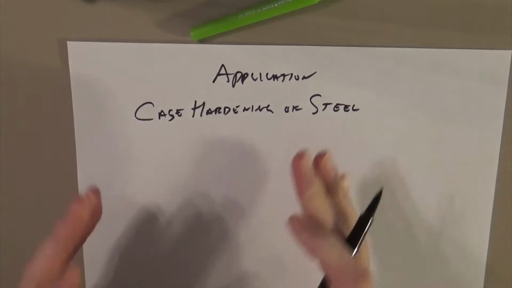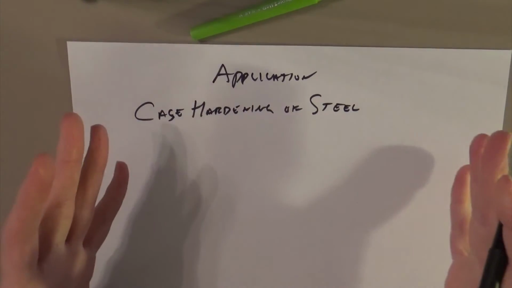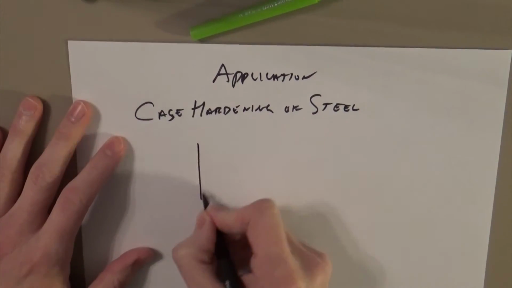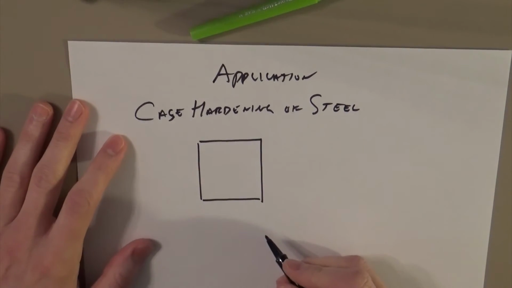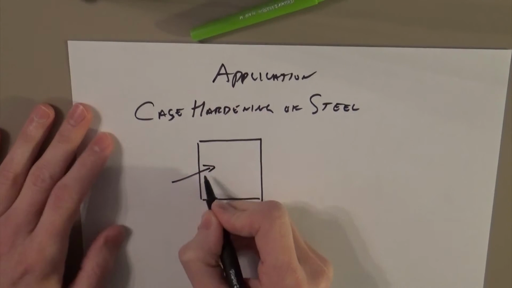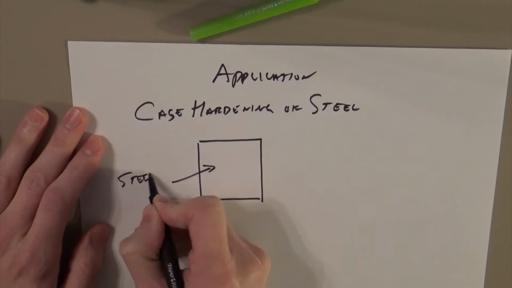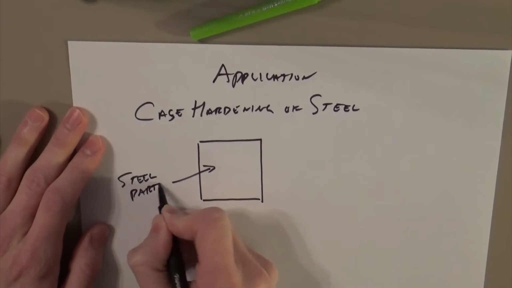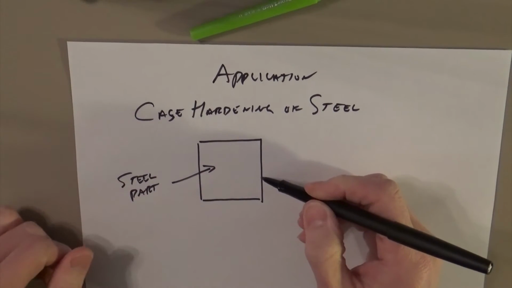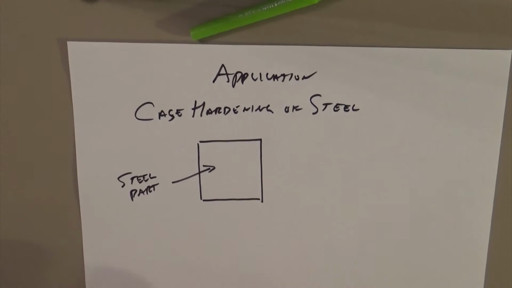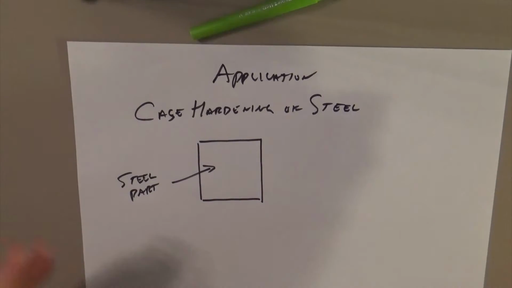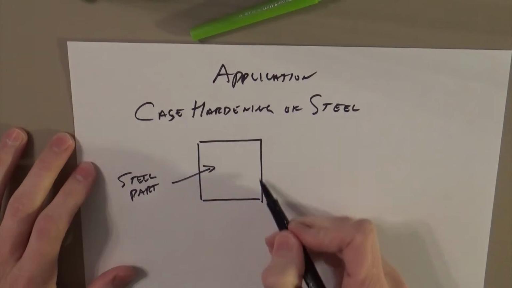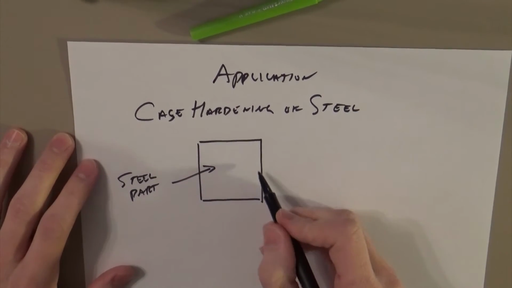So basically, you have some steel part, and you've done all your processing. And of course, we represent all of our parts as squares. And then the surface is something that we want to have especially hard. And this could be, for example, a cutting edge of a tool, or the front of a tractor, or whatever it is, but something we need an extra level of hardening.